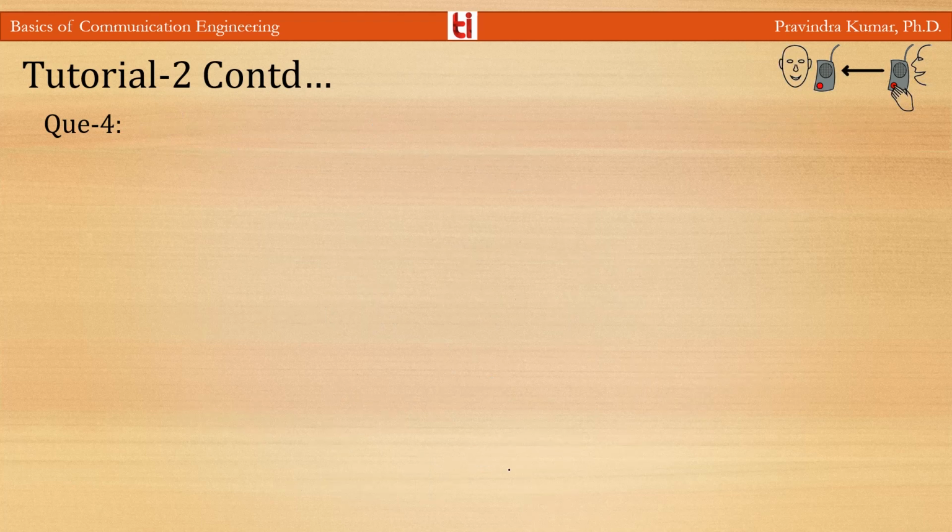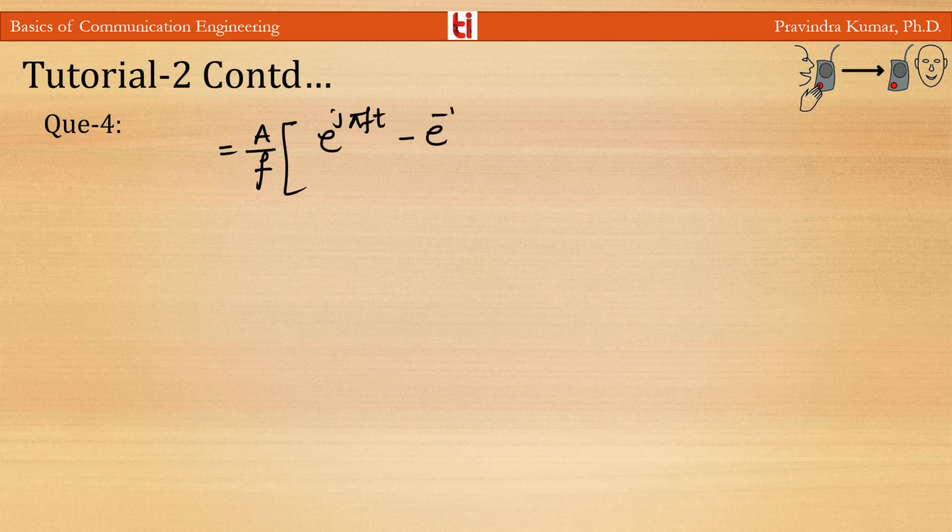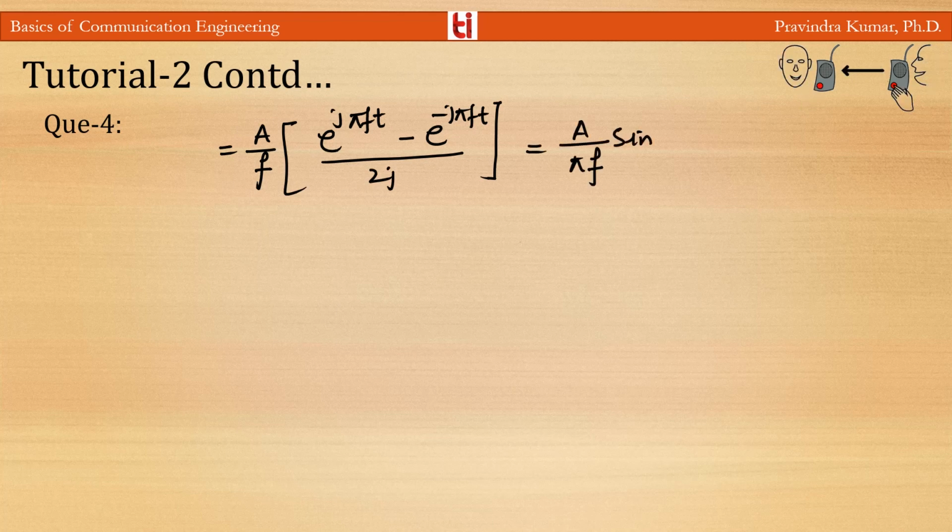So we will have A by pi f times e to the power j pi f T minus e to the power minus j pi f T, by 2j, or you can write it as A by pi f sin(pi f T). This comes because sin theta is equal to e to the power j theta minus e to the power minus j theta, by 2j.